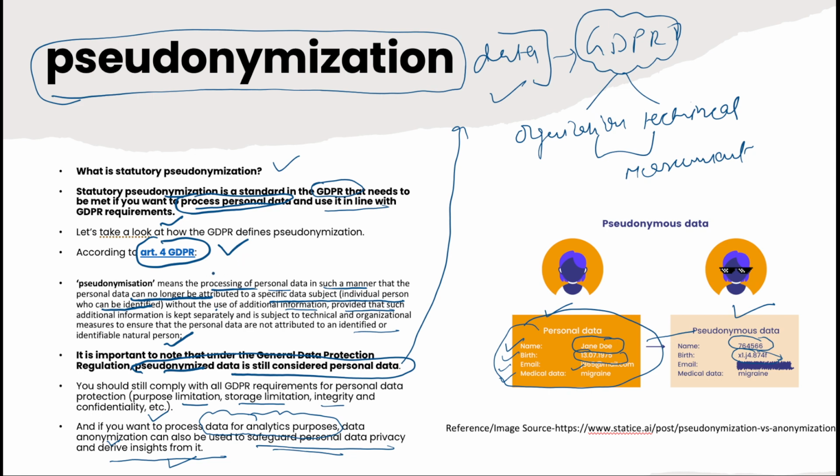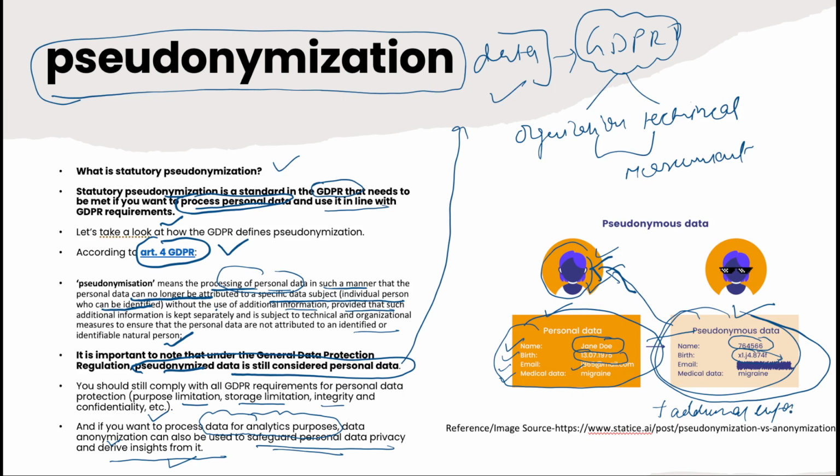Pseudonymization says that you are processing personal data in such a manner that the personal data can no longer be attributed to a specific data subject, an individual person, through this personal information, without the use of any additional information, provided that the additional information is kept separately.